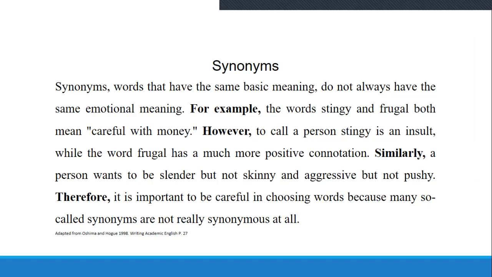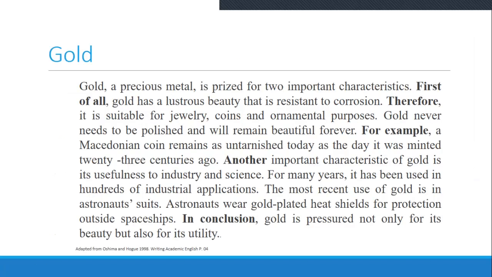Okay. Now let's look at my favorite paragraph, gold, right? In conclusion, by using these words, the writer has signaled the conclusion. Gold is precious not only for its beauty, but also for its utility. Now, has it restated the topic sentence in different words, or has the concluding sentence given the most important points?